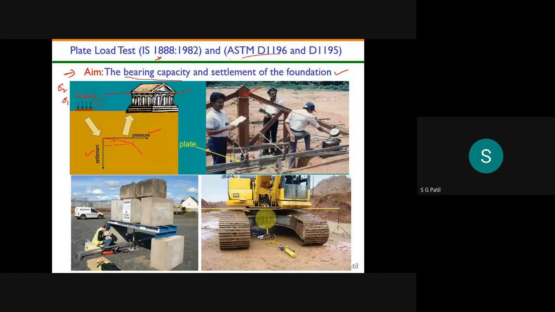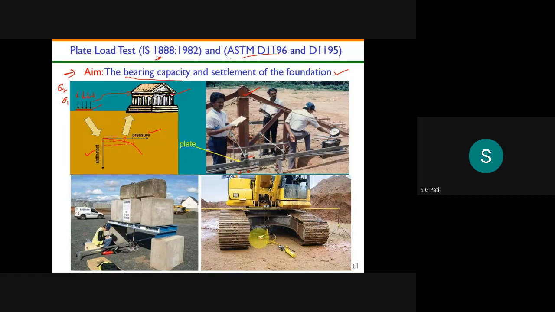And there are different types of tests. This one is conventionally used, and then there is a little bit more advanced one. Again, this setup will take a lot of time, and money is also required. So instead of that, at a construction site you will freely get cranes and all will be available there itself. So you simply take that weight as a reaction, put a jack below that, and below that you have a plate.